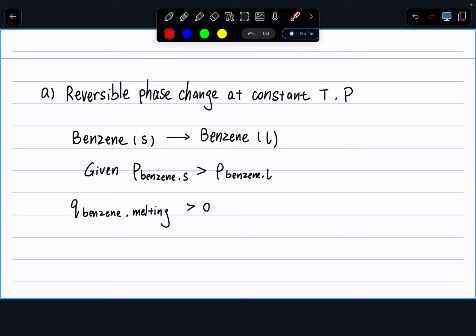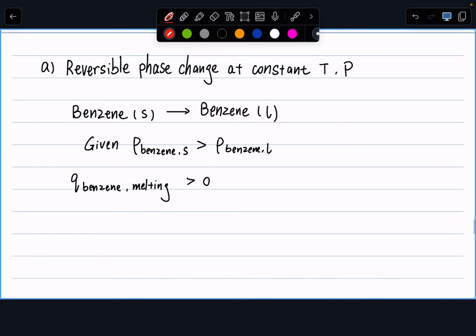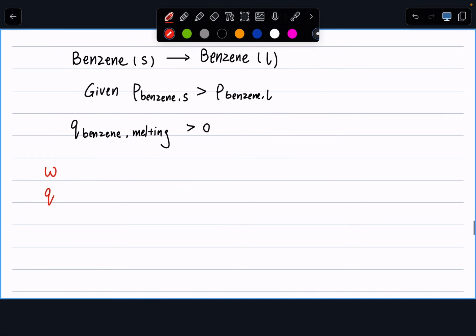And we also tell you the heat of benzene melting at constant pressure is larger than 0. Or the other way to put it, the heat of fusion or heat of melting is a positive number. That's also quite intuitive. So what do we know? We want work, heat, delta H, and delta U.